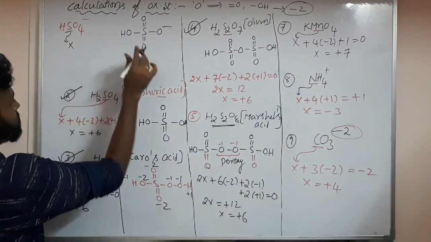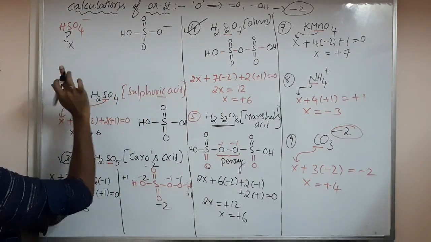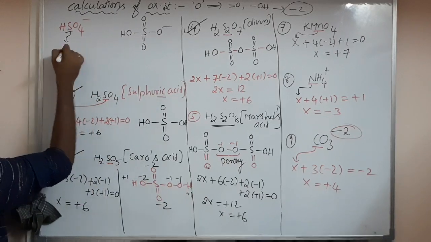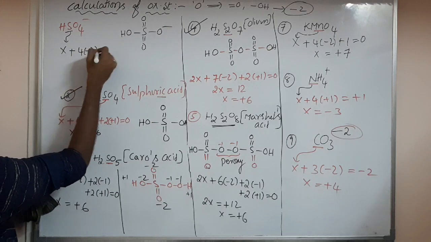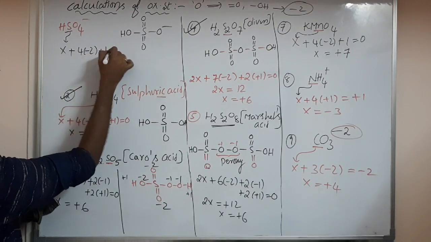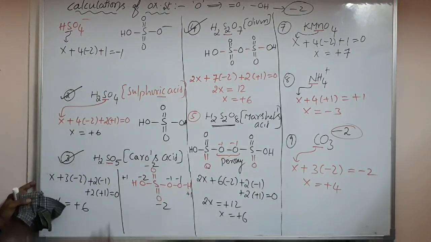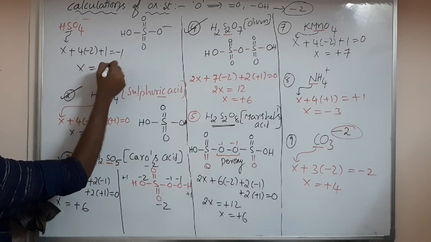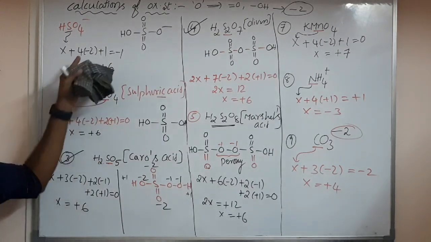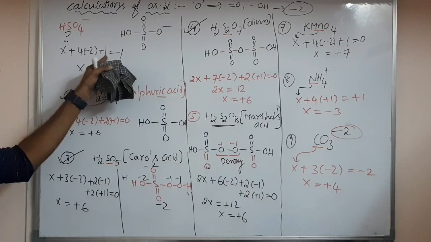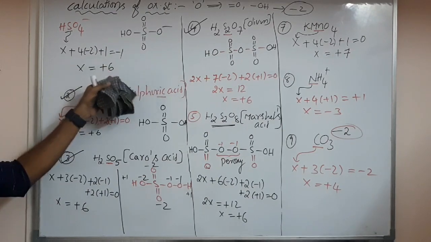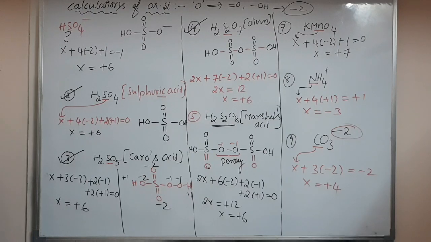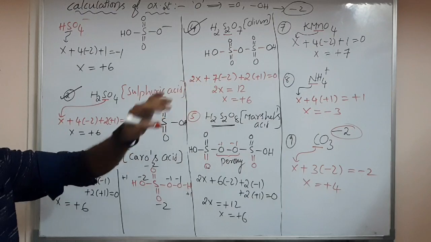Okay. So here it is the same story, like sulfuric acid with one hydrogen not there. So X I'll take, X plus 4 into -2, one hydrogen so +1, equal to -1, that's it. So here also I'll get +6 only. -8, so I'll get -7 here, goes here, +7, so +6 remains. So this is about the oxidation state of sulfur, how to calculate it in different molecules.